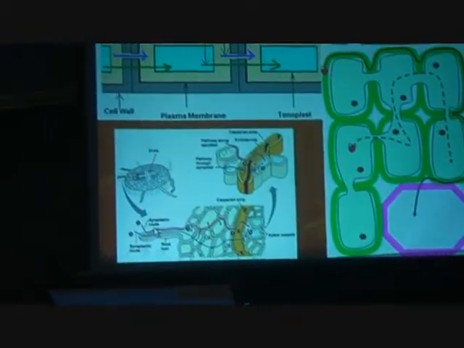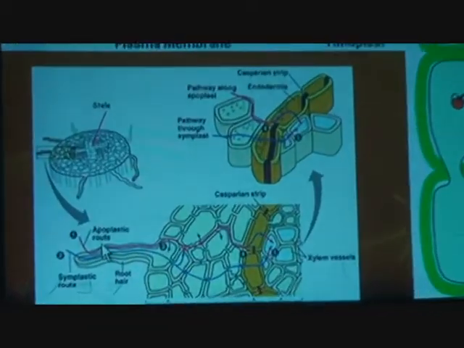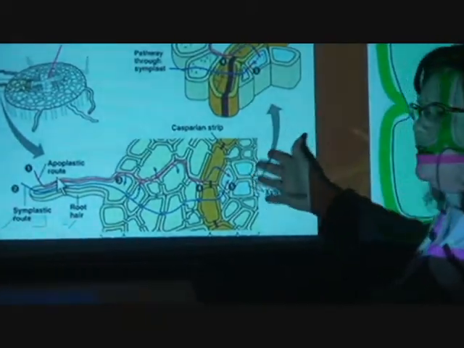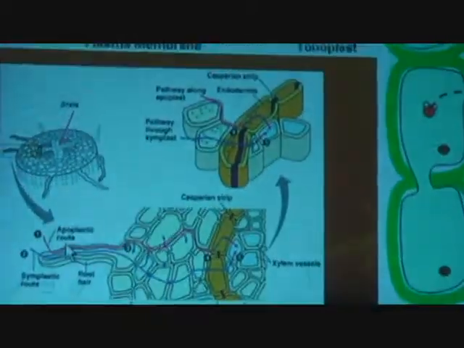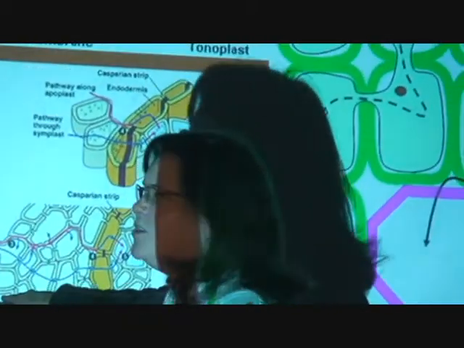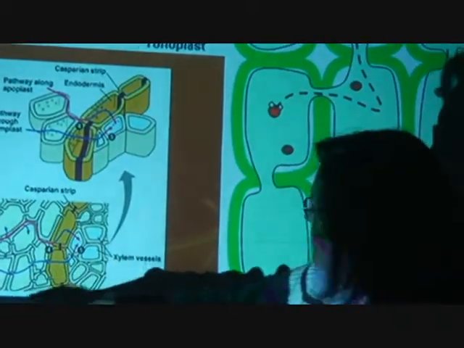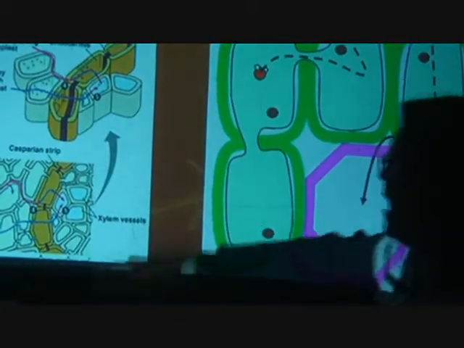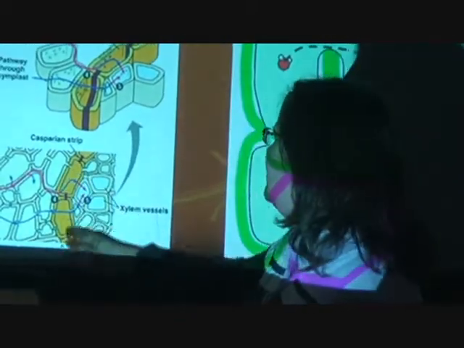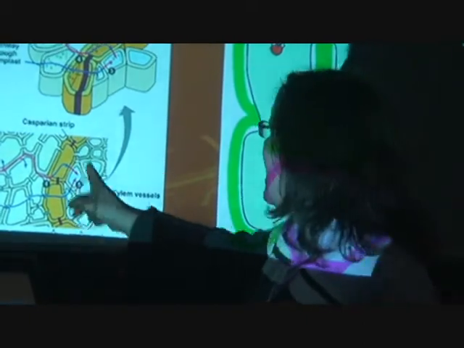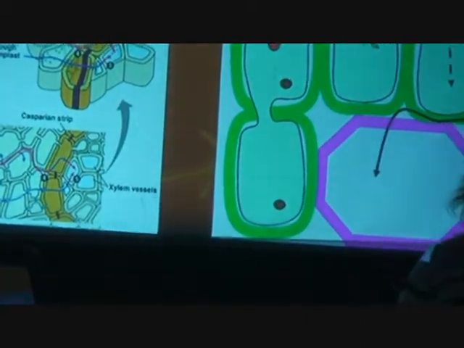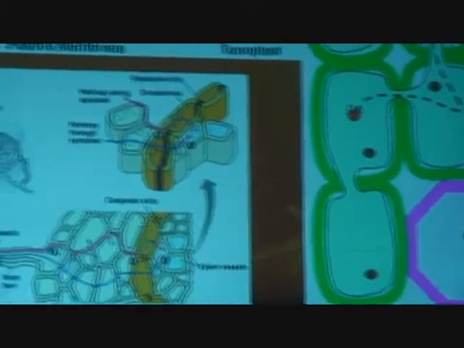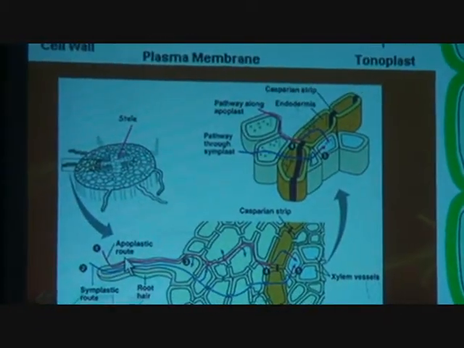And here is yet a more realistic picture. We can come back to this. This is how water would get into the vascular system. It has to go through the dermal tissue, that outside layer of epidermis, and then it has to pass through the cells, pass through the ground tissue, and then pass through what's called the endodermis into, and does anybody remember what the vascular tissue is called in the root, because it's all together in the root?